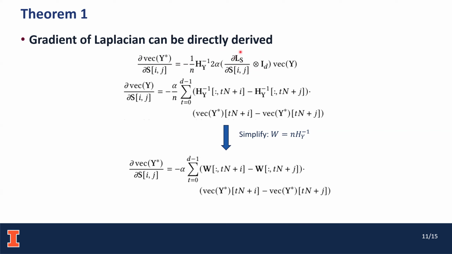So the gradient of the Laplacian with respect to the original matrix can be directly derived, and we can rewrite the whole thing into seemingly more complex stuff. But actually, when we rewrite the inverse of the Hessian matrix and put alpha inside, we can get a cleaner formula below.